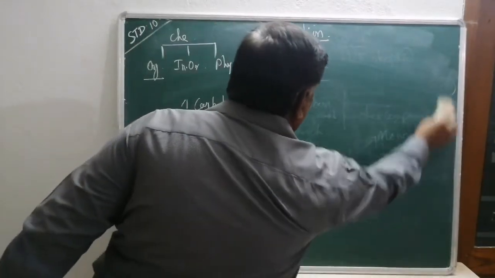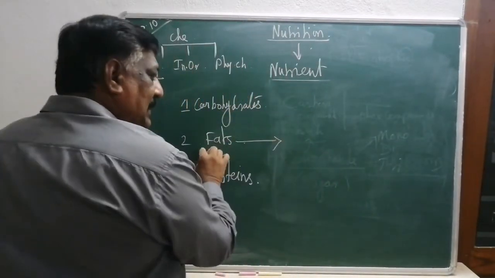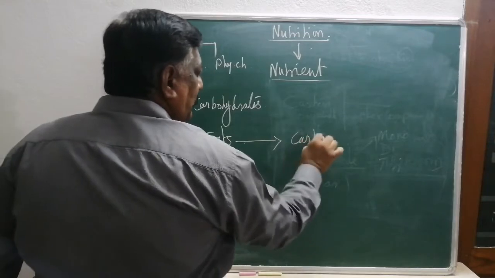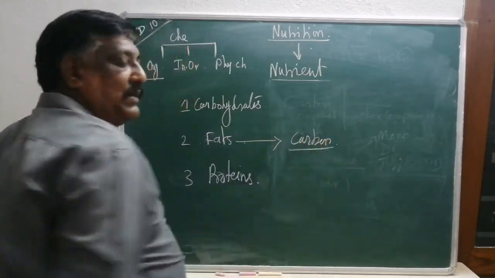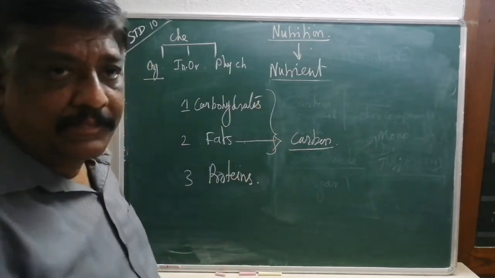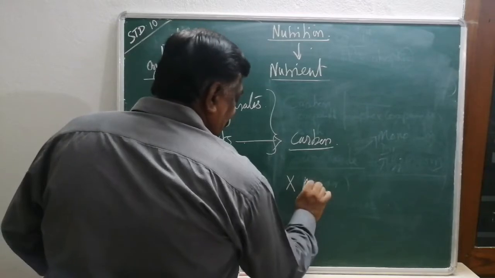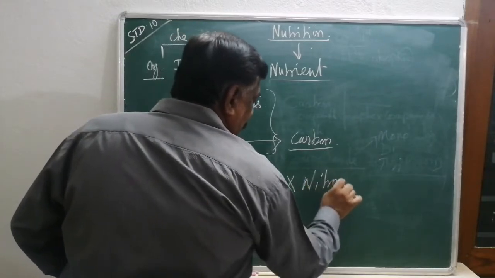I'm just giving you the basics. Fat is also a carbon compound, and these two are carbon compounds. But protein is not a carbon compound, it is a nitrogen compound.